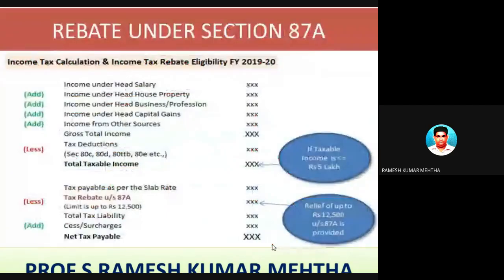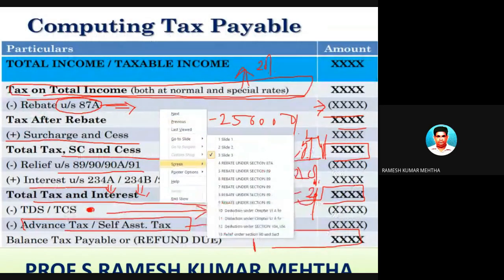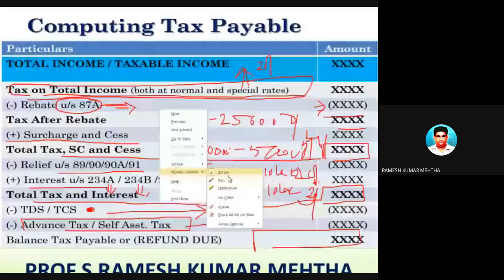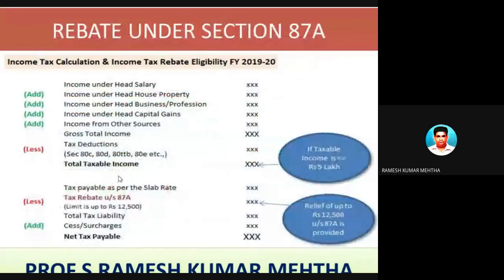Now let's talk about this particular part, which is rebate under section 87A. Now, what do you mean by rebate under section 87A? So deduction under section 87A or rebate under section 87A of Income Tax Act 1961, sorry.